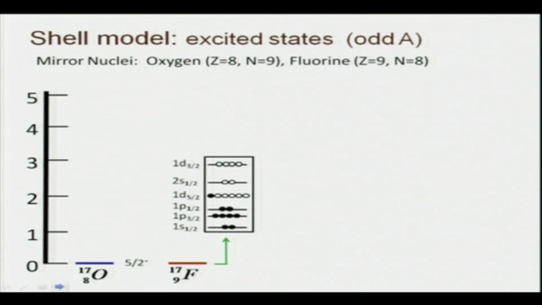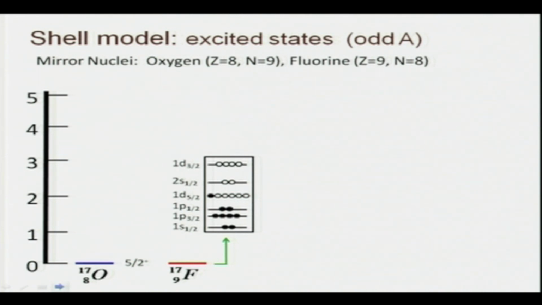There is another thing where the shell model is very successful in predicting the observation, agreeing with the observation very well, which is the excited states of odd A nuclei. As an example, let us take oxygen and fluorine, which are mirror nuclei, in the sense that oxygen has Z equal to 8, N equal to 9, 8 protons and 9 neutrons.